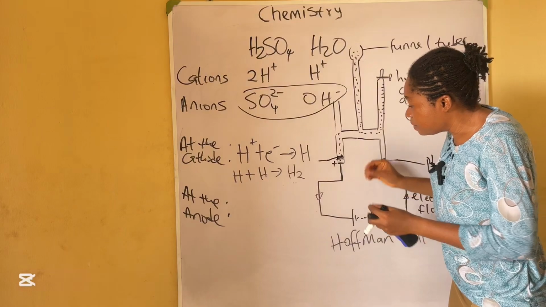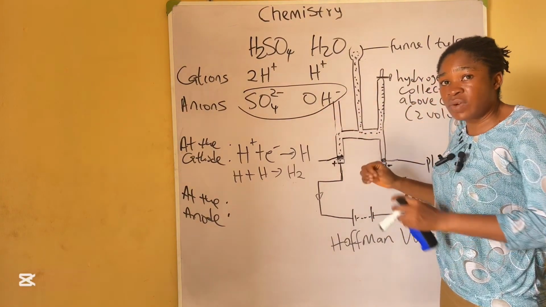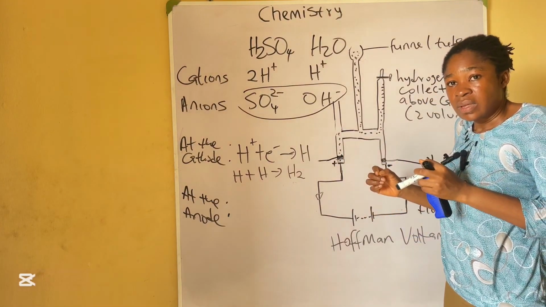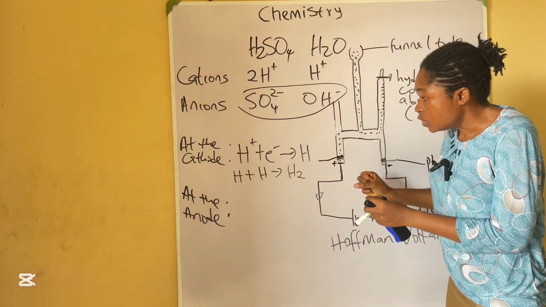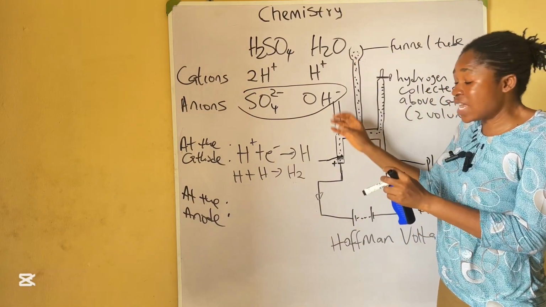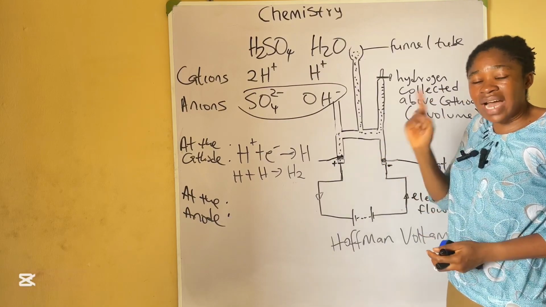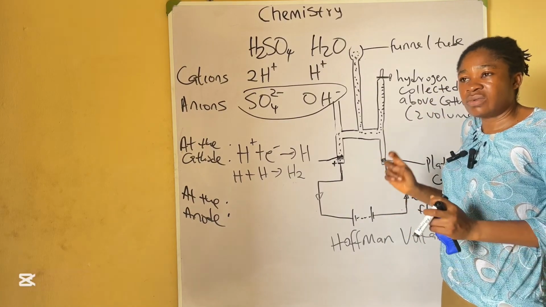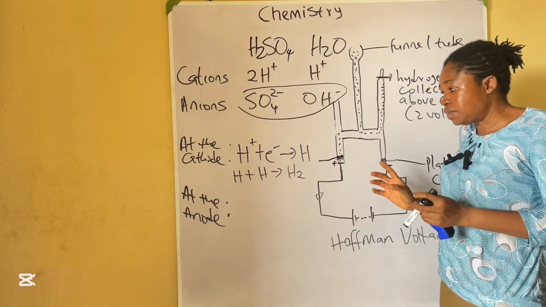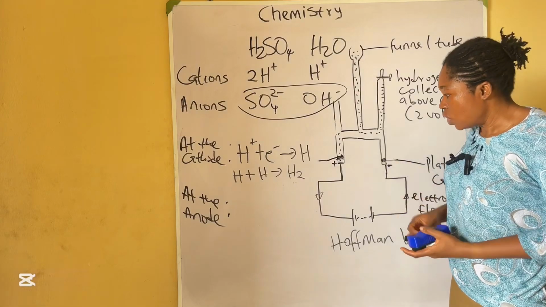But what happens is that the hydroxide ion will first form hydroxide group, and hydroxide groups will not stay alone. Two hydroxide groups will combine to form one molecule of water and one atom of oxygen. Of course, atomic oxygen is not stable, so it's going to pair up to form one molecule of gaseous oxygen.